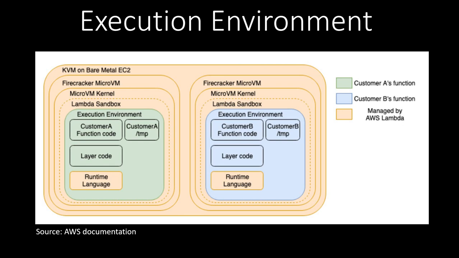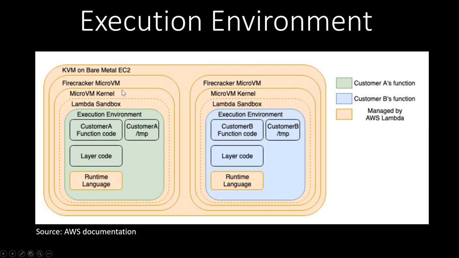However, if you have data intended only for a single invocation, you should ensure that the data is only used in local scope variables. Or if using the /tmp directory, delete any files from the /tmp directory before exiting.